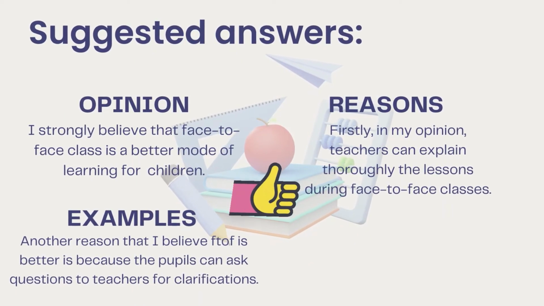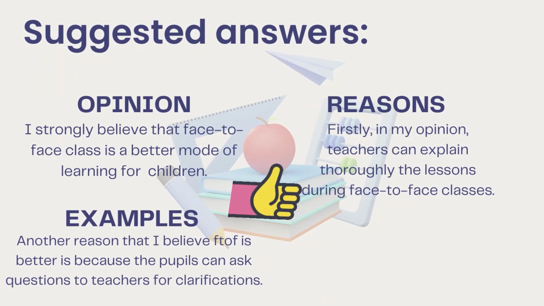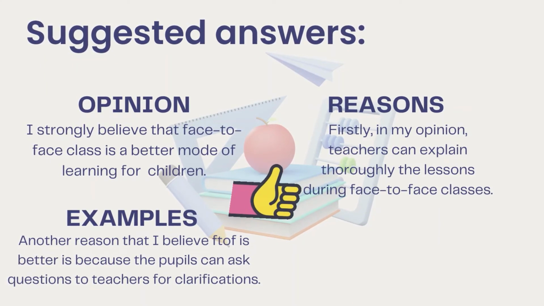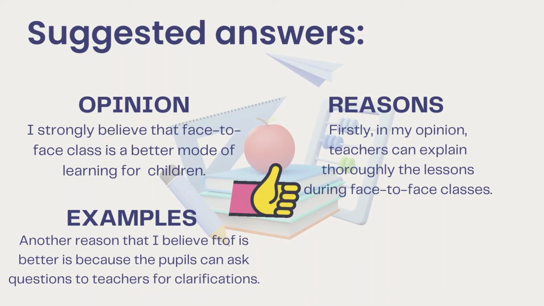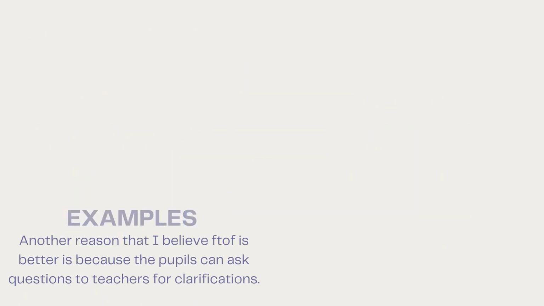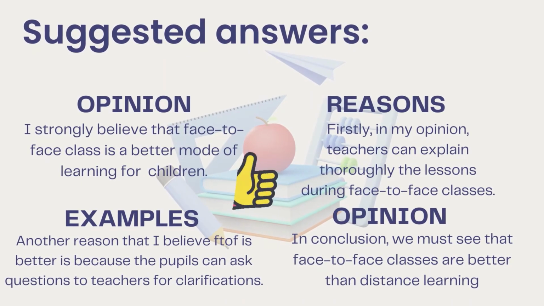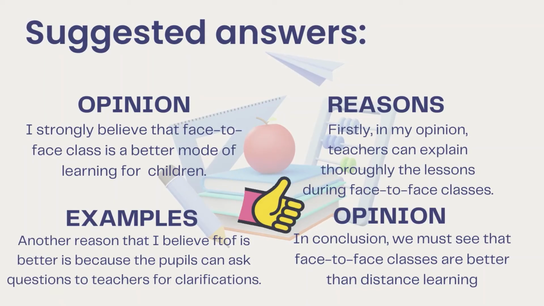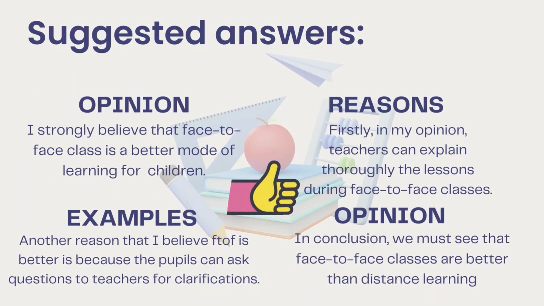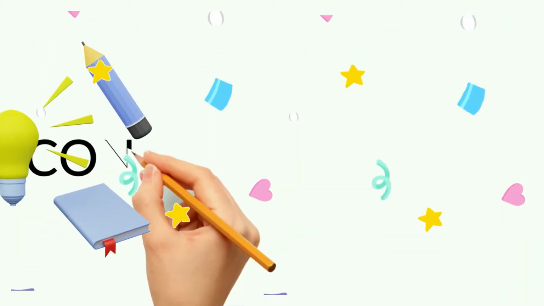Another reason that I believe F to F is better is because the pupils can ask questions to answers for clarification. So this is just an example. You may use another example where you believe they are good examples or good details about this topic. And for the opinion, in conclusion, we must see that face-to-face classes are better than distance learning. All right. So you see, my two opinions are really related. I made it a point that they have the same meaning.